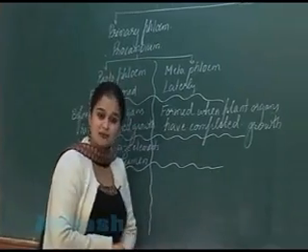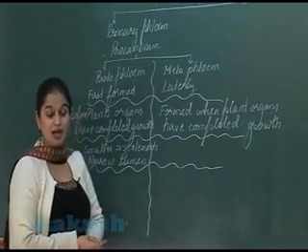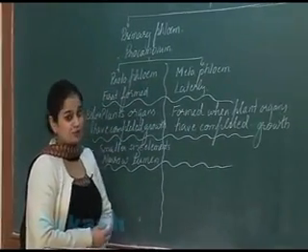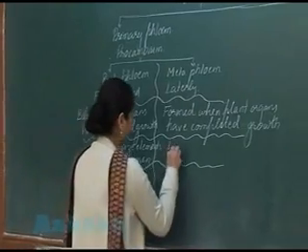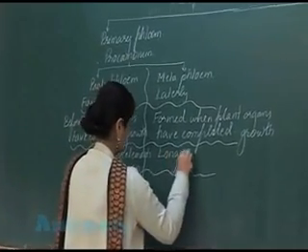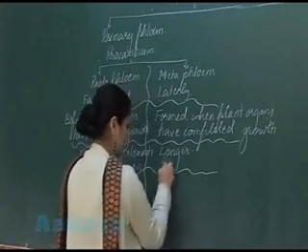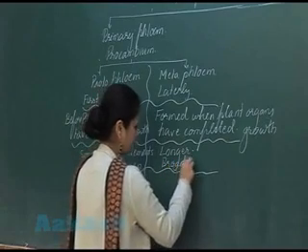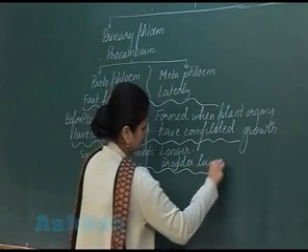But when the metaphloem is formed, the plant is tall enough, so the elements which are formed are longer, and they have a broader lumen.